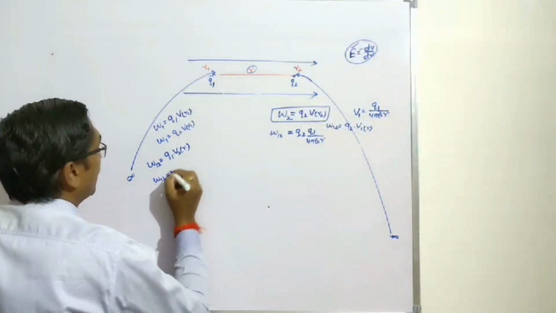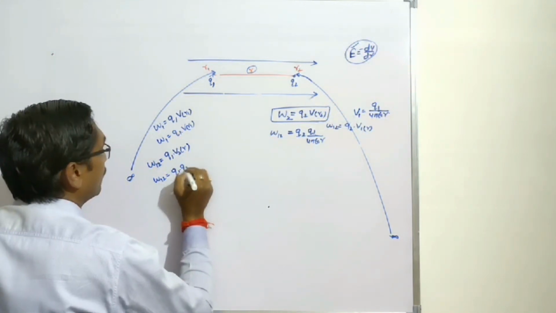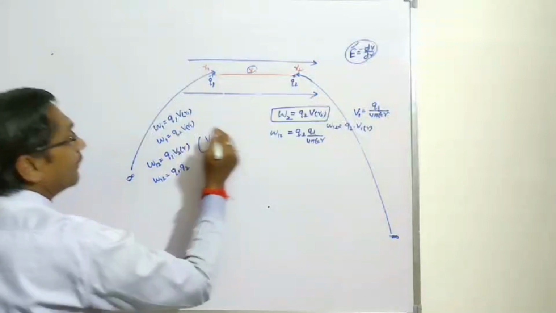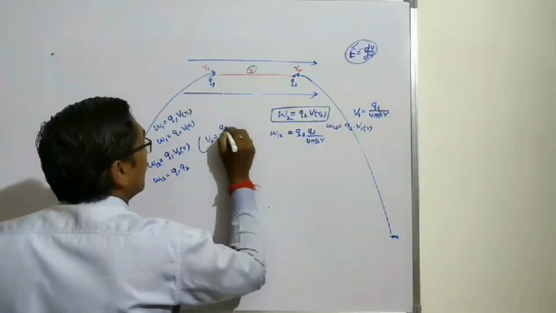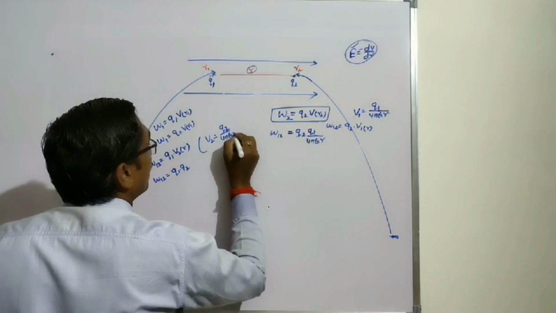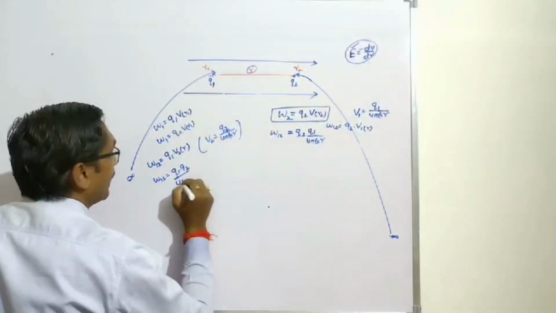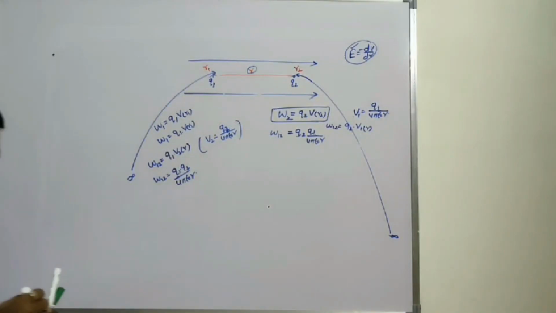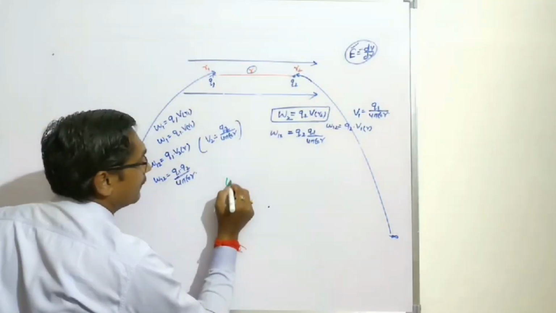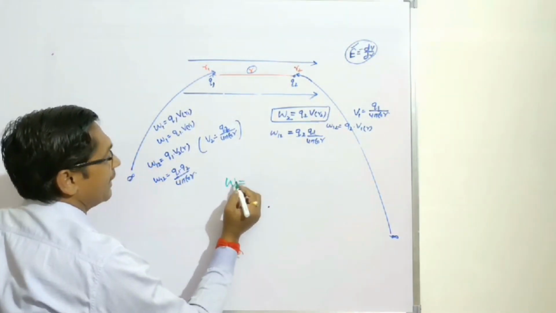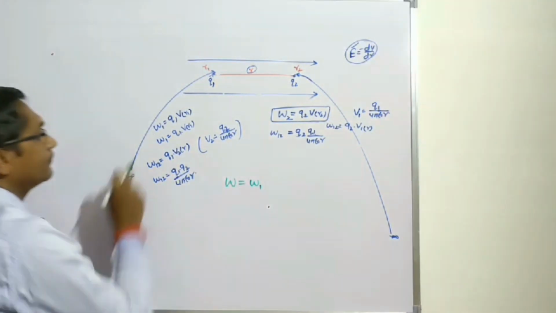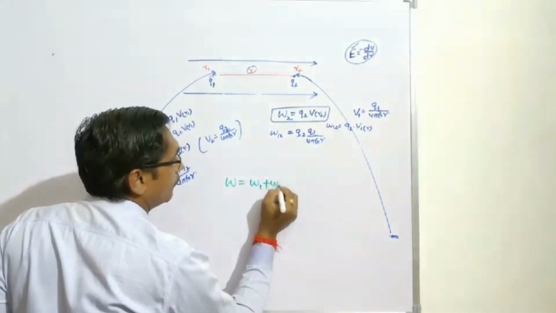So W12 equals Q1 Q2 upon 4 pi epsilon naught R, because the separation between them is R. That's why we can say the total potential energy between these two charged particles in an external field may be written as W, the total work done or total potential energy, equal to W1 plus W2 plus W12.